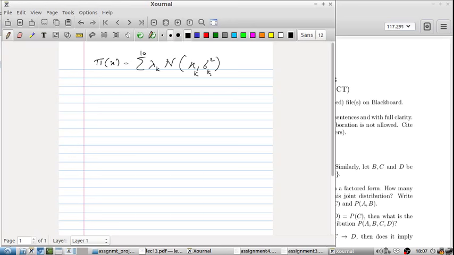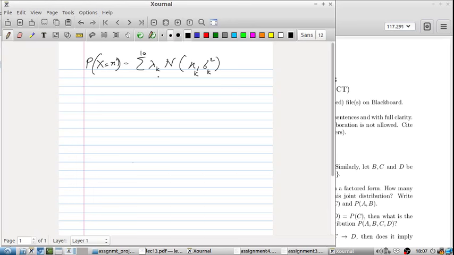Just to repeat what Ronak said, you think of a joint distribution. Instead of pi of x, let me just call it p of x, to be very clear. P of x at a little x value is this probability.